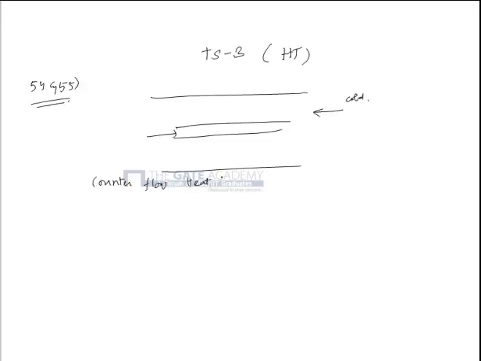Let's say this is THI, the hot fluid inlet temperature, and this is the hot fluid outlet temperature. The cold fluid enters this way, so it is TCI, and this is the outlet TCO.